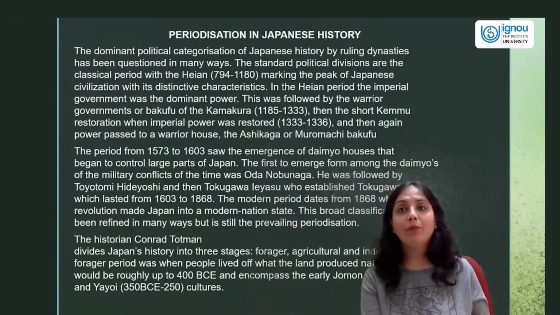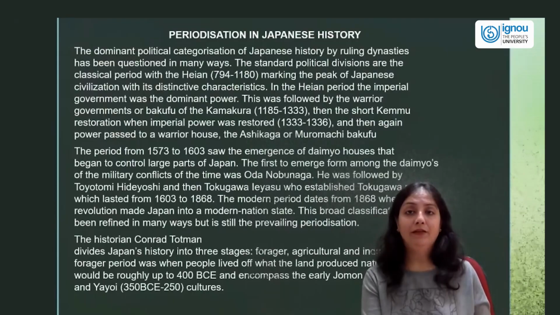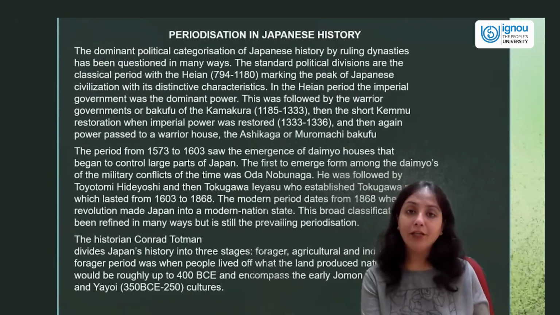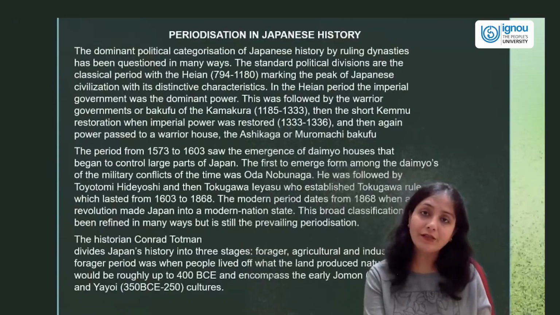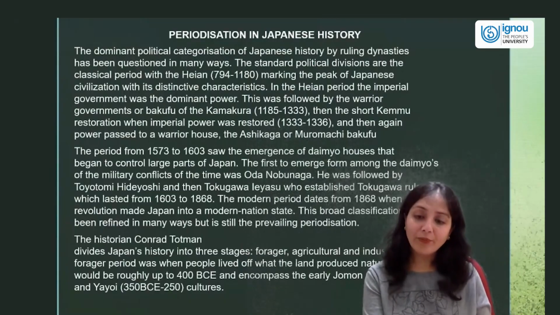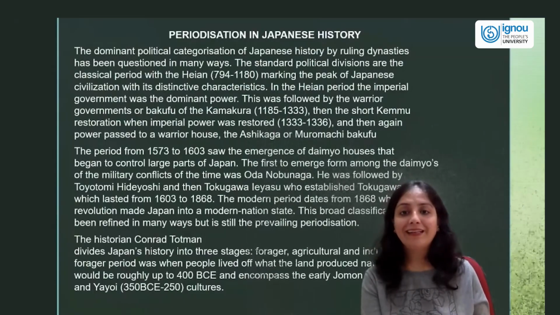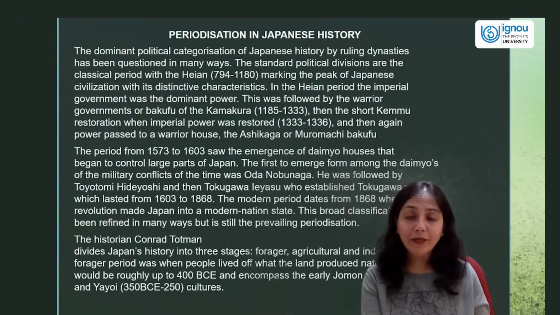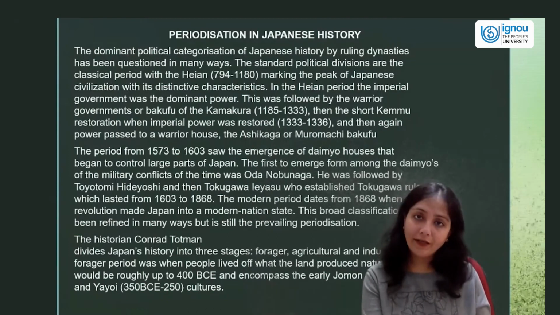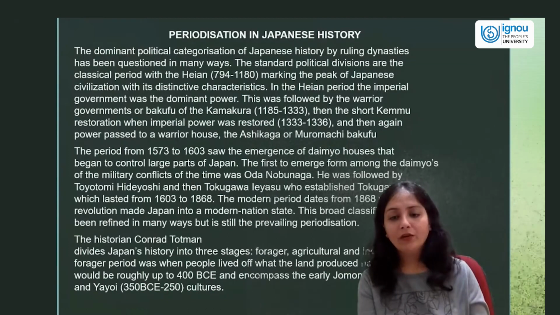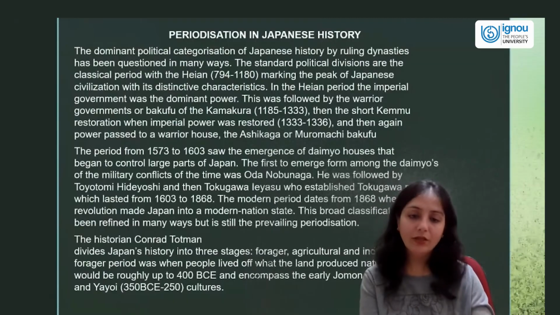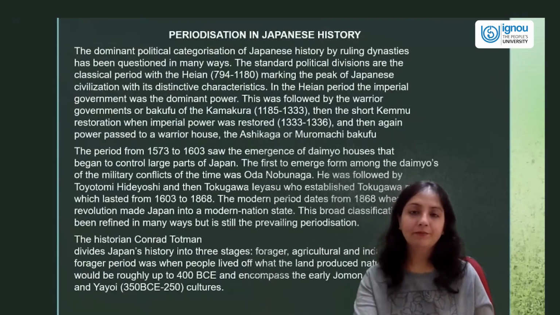Just like we talk about the Paleolithic, Mesolithic, and Neolithic periods in Indian history, in Japanese history we talk about the Jomon and Yayoi cultures. Just like the hunter gatherers we studied in Indian history, the same things we are going to study about foraging.